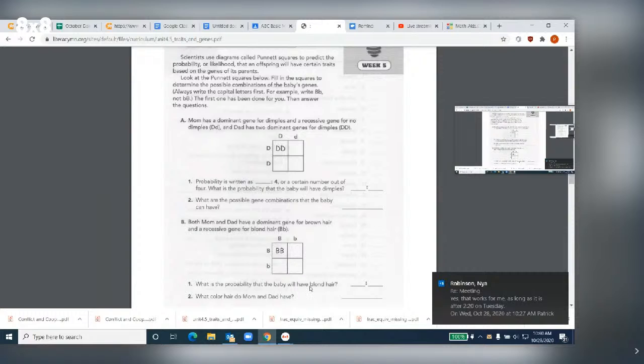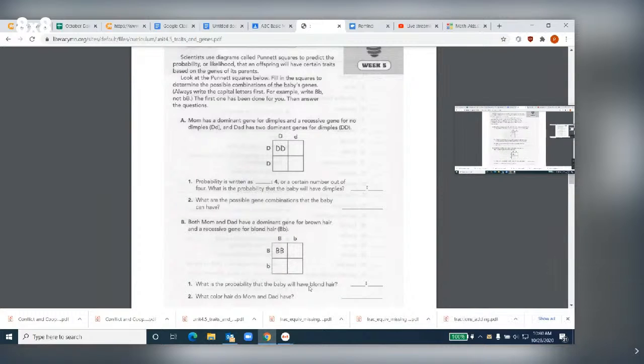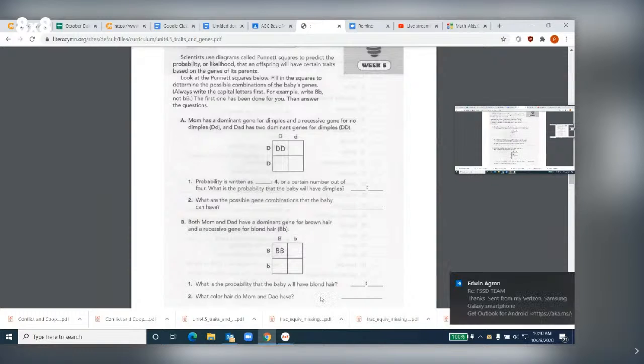What is the probability that the baby will have blonde hair? Blonde hair would be lowercase b, so that's only 1 out of 4. But both mom and dad have brown hair.